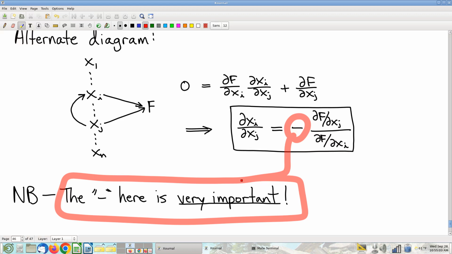So important with that minus sign. That's golly, one of the most important minus signs in the course. Be really, really sure not to forget that minus sign on the exam. Anyway, does that make sense to everybody?